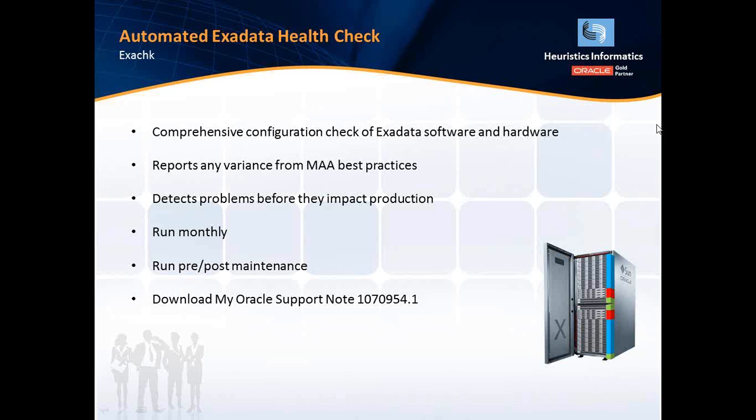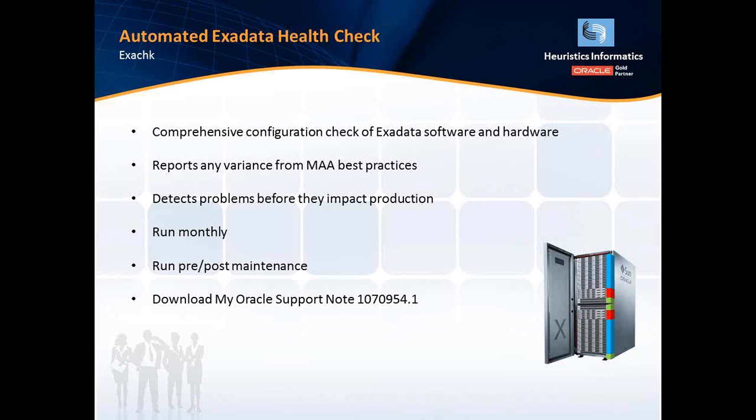In addition, there are automated health checks built into the Exadata. There is a script that can be scheduled to run, which is called ExaCheck. It is a very, very comprehensive configuration check of the entire Exadata software and hardware. Basically a 100-point check that will spit out a pretty large HTML file giving you a rating out of 100, how many points you scored and what are the areas that need attention.